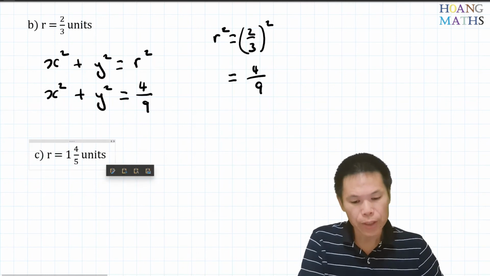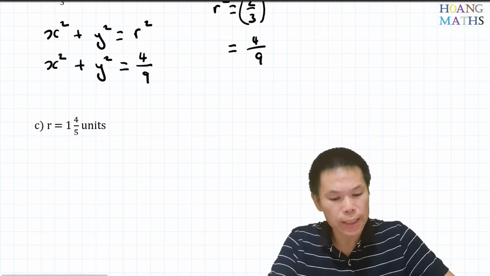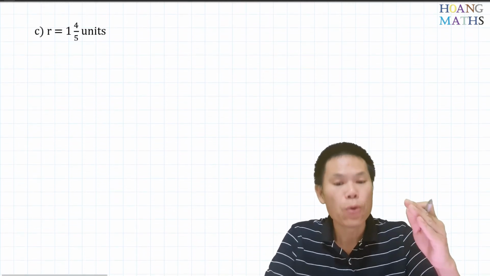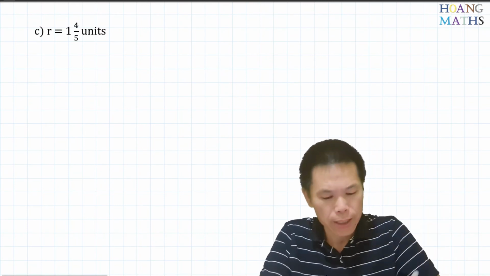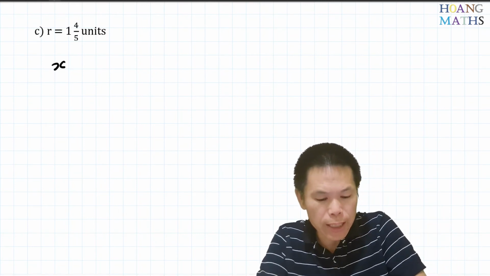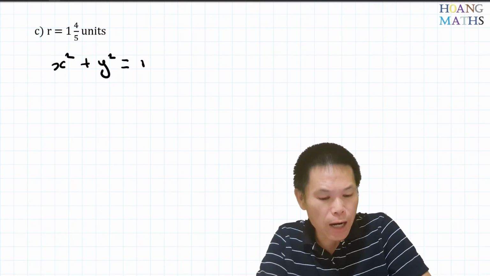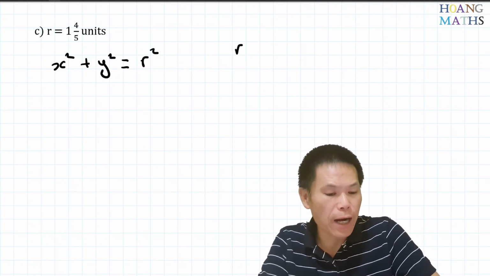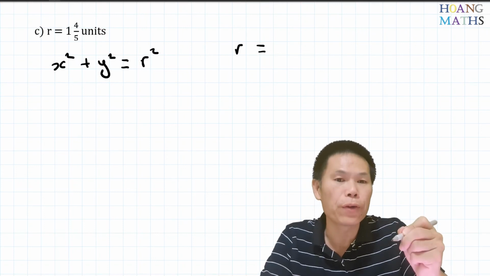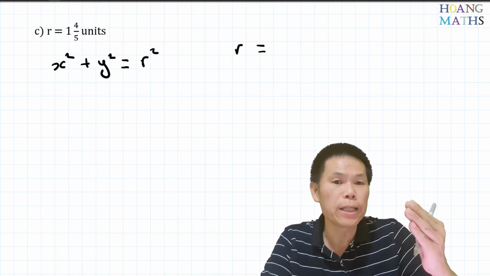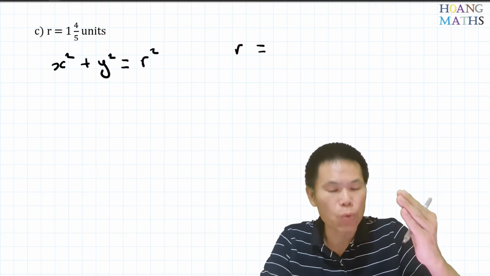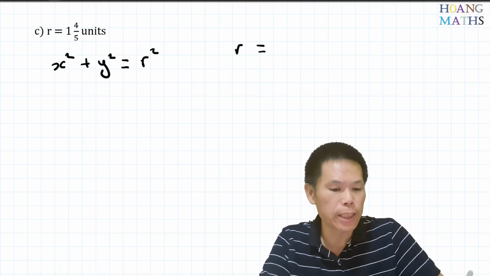Next one. We have the radius is equal to 1 and 4/5. Again, the rule is x squared plus y squared is equal to r squared. So we have r is equal to 1 and 4/5. I can just quickly write it in improper fractions. So 1 times 5 is 5, you add 4 is 9.